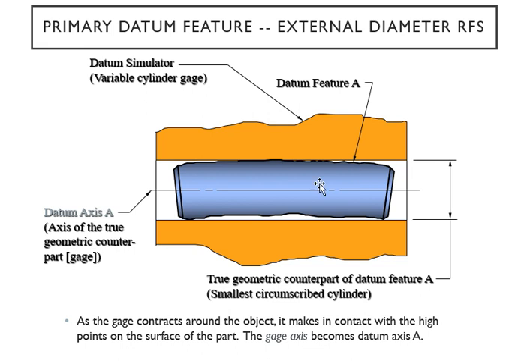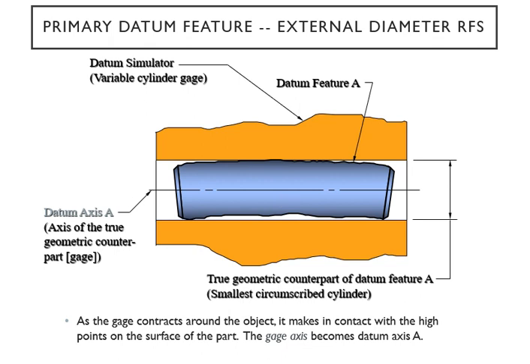So the axis of the true geometric counterpart, which is your gauge right here, is going to contract around the object and make contact with the high points of the surface. High point means here we have an exaggerated picture, so you can see the high point in contact with that gauge. So the gauge axis is going to be your datum axis.